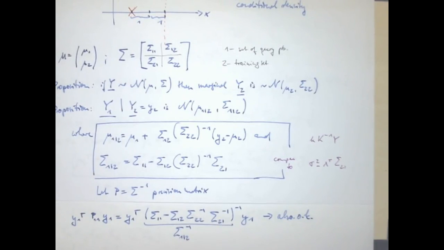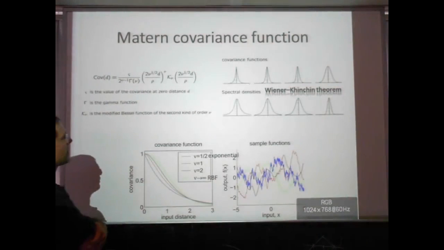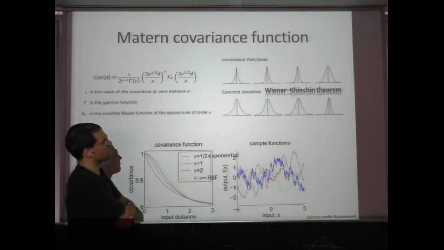Some extensions. So one is that there is a Matern family of covariance functions that allows you to choose the amount of smoothness that you want.